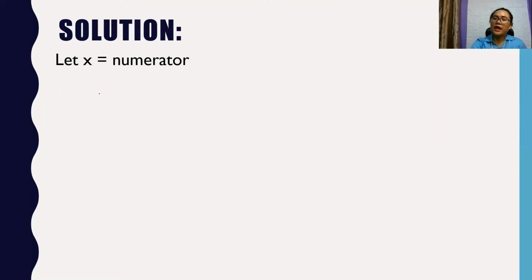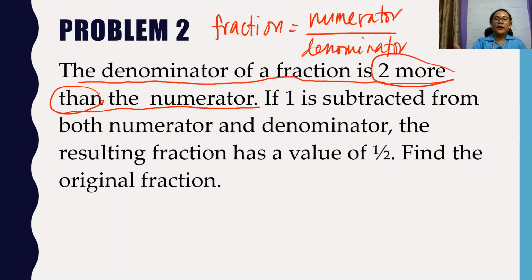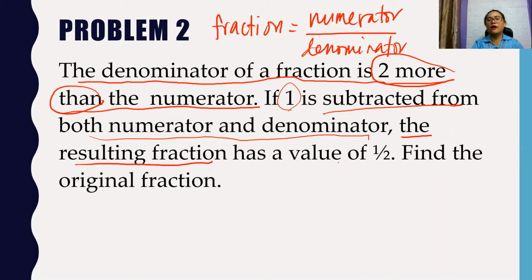Pero sinabi niya dito na if 1 is subtracted from both numerator and denominator, so yung 1 daw isa-subtract natin doon kay numerator at saka kay denominator, the resulting fraction has a value, so equal daw kay 1/2.